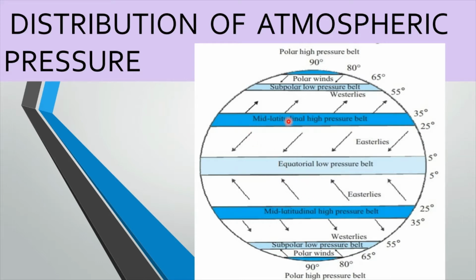Around 25 to 35 degrees we have the mid latitudinal high pressure belt. In other words, we can say the subtropical high pressure belt.